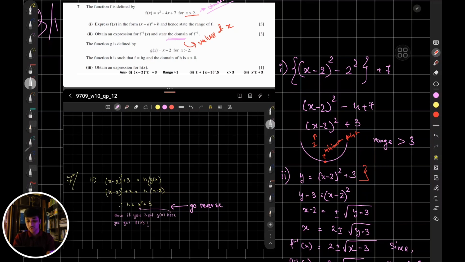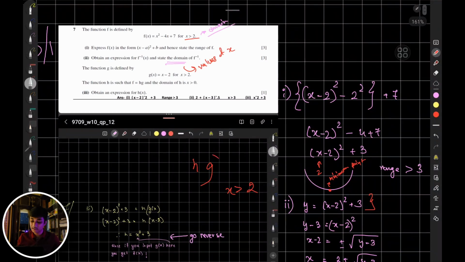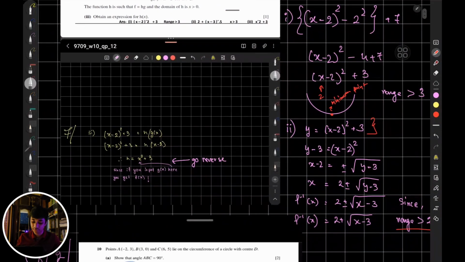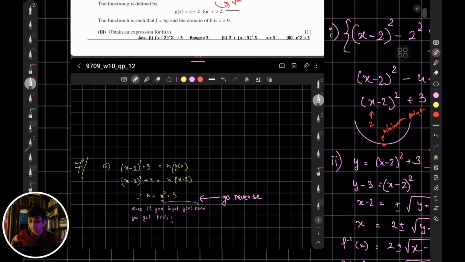And since h is a function of g, x has to be greater than 2, because g is a function that is inside of h. So you have to satisfy the domain of g. But most likely you don't need to know this for this question. What they're asking though is to obtain an expression for h of x. How do you do that? So let's try to put it in this equation first.